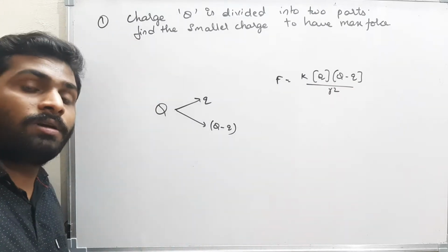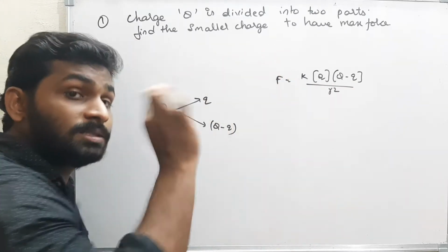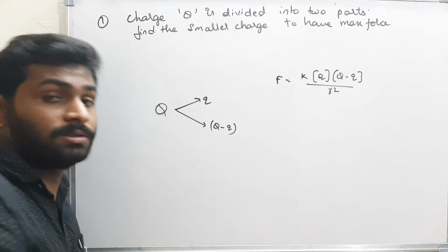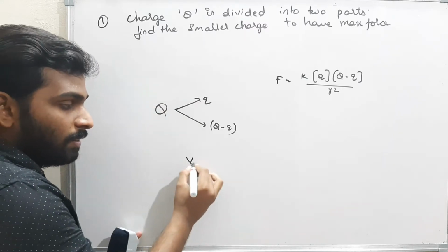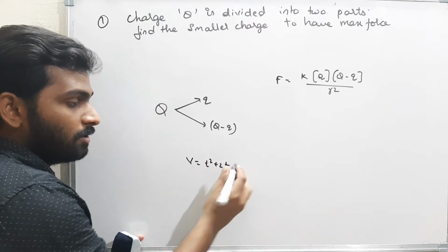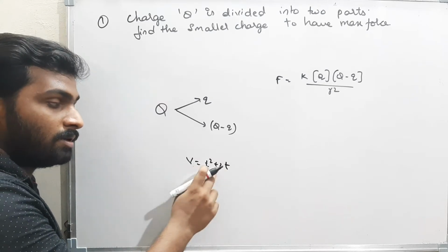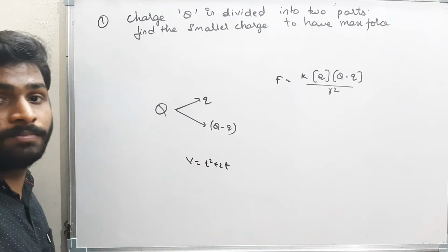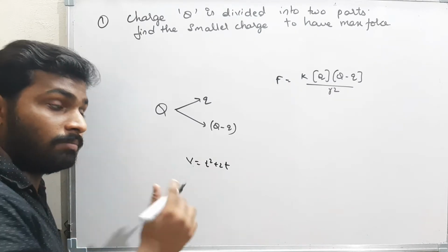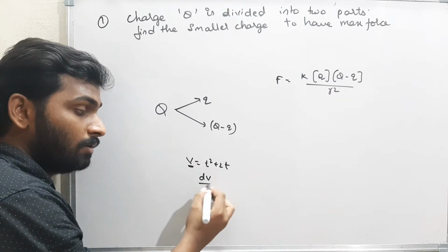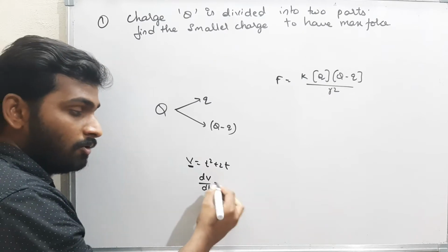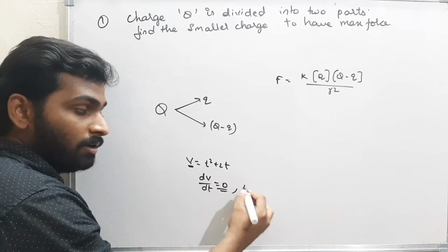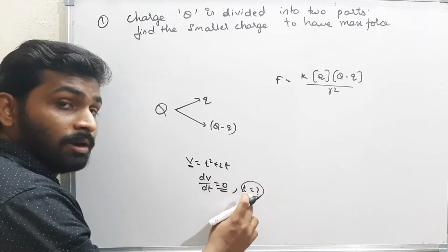Now what did they tell us to find? They told us to find the force, maximum force at what charge? Now see here, v is equal to t square plus 2t. The velocity is given in terms of time and they told us to find at what time the velocity is maximum. When they ask at what time, that means I have to differentiate this v with respect to time, then keep it equal to 0 and I will get the time values.